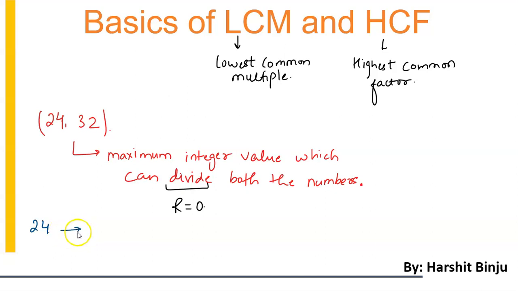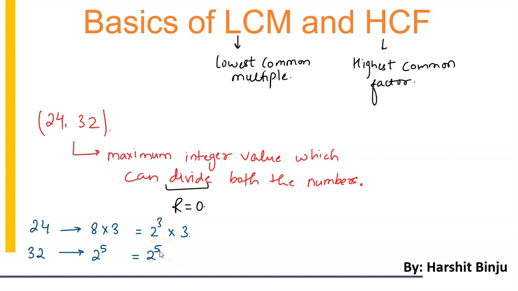So 24 is 8 into 3, which is basically equal to 2 cube into 3. When you talk about prime factorization of 32, that will basically be 2 to the power 5.